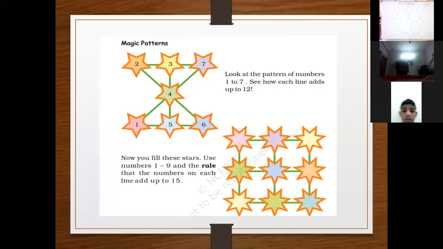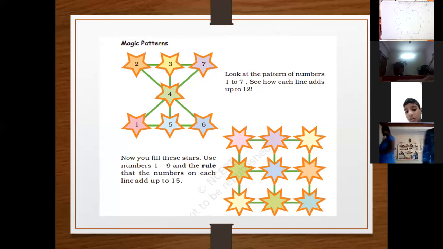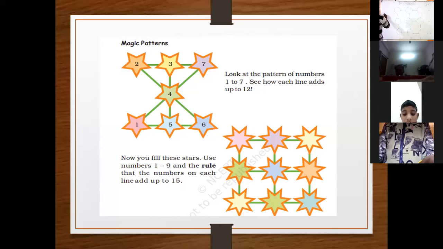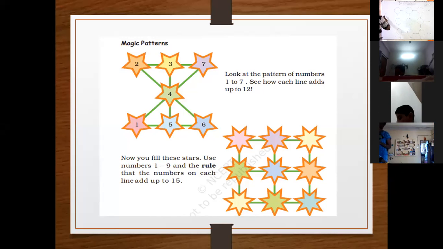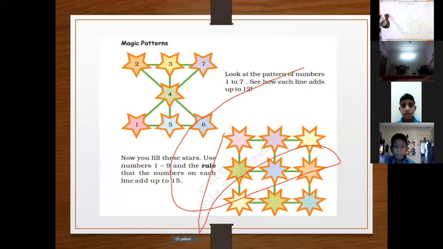Numbers should not be repeated, but the total should be 15. Zero is not there. 1 to 9 only.